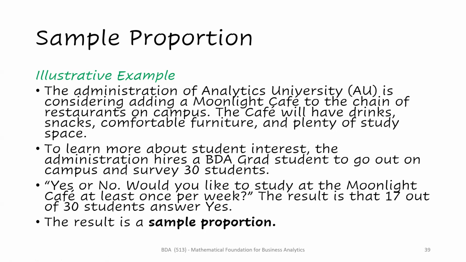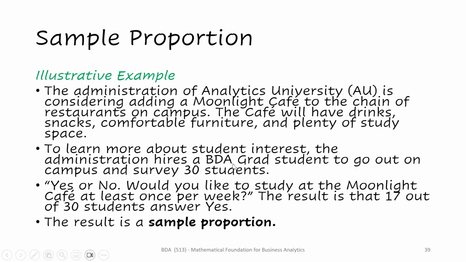Basically, what we are saying is that the result of this study is a sample proportion. We are interested in those who will say yes for us to add the Moonlight Cafe.